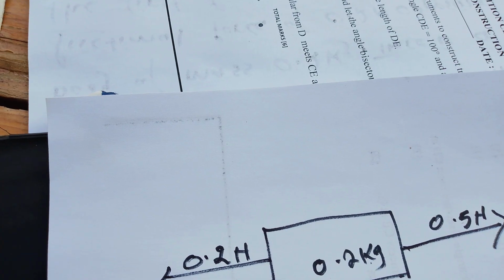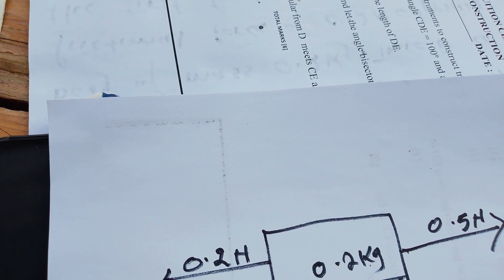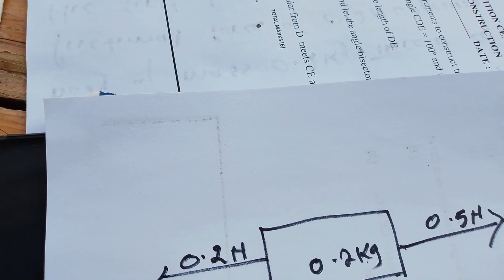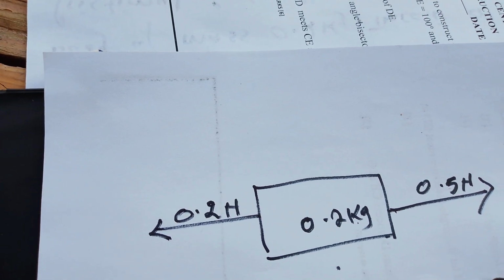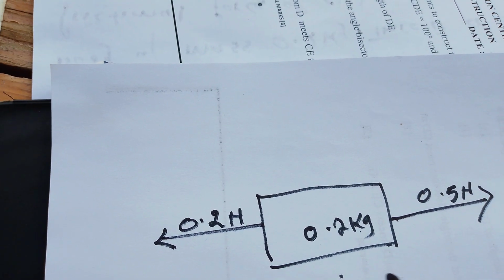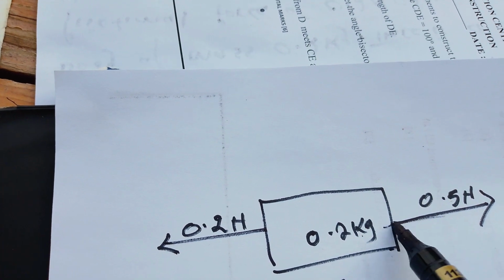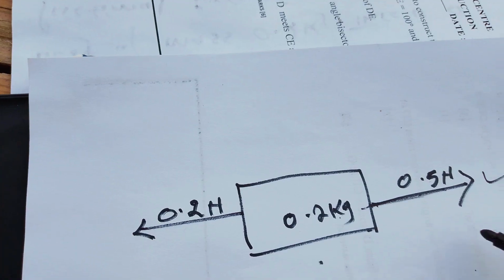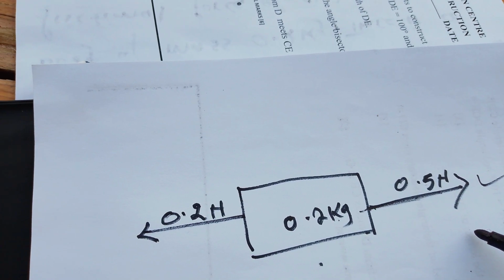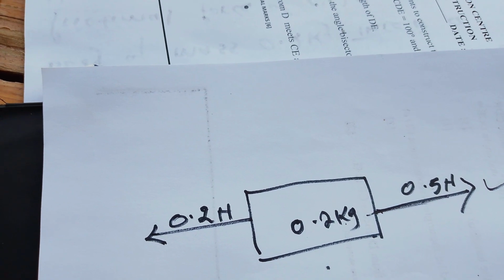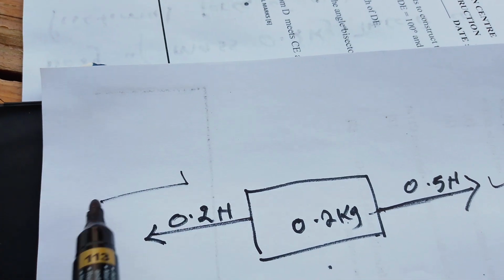Understand that a friction force is the opposing force. So the force acting on this object is moving in that direction, and there's another force disturbing its movement by acting in this direction.